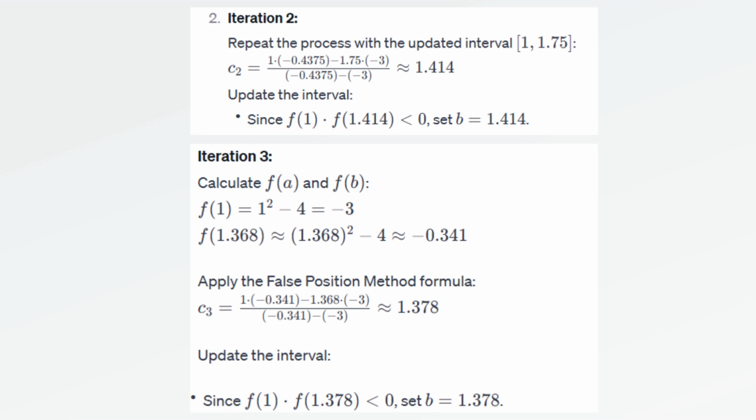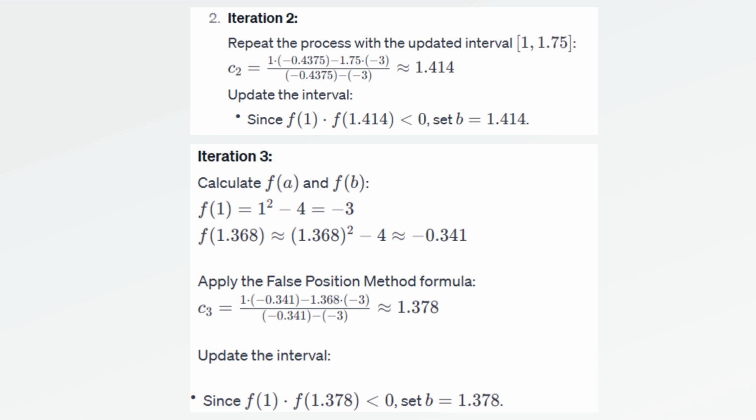So our answer would be 1.414. We evaluate f(c2) and observe that f(1) × f(c2) is less than 0, indicating opposite signs once again. So we update our interval to [1, 1.414] for the next iteration. So now a is 1 and we have b as 1.414 for our next iteration.